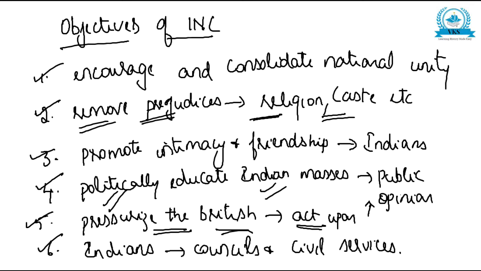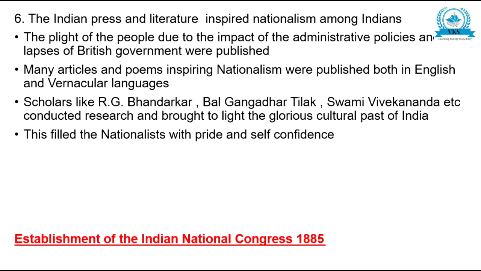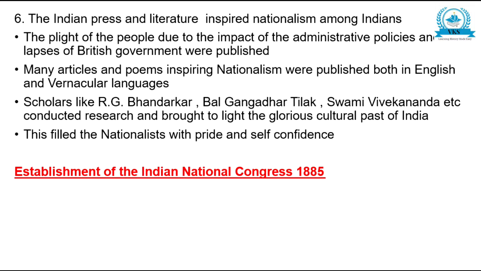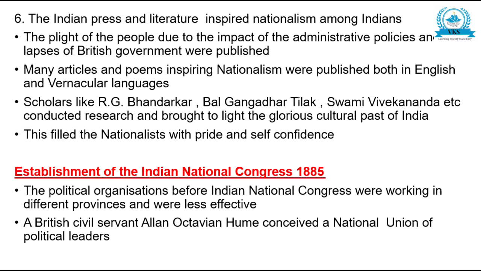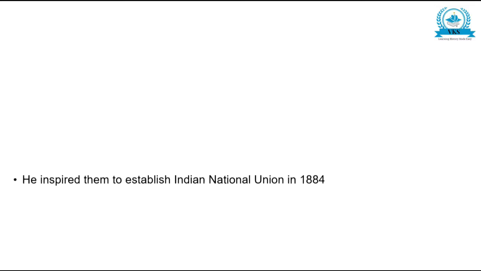Now let us go through the points which we have studied. Establishment of the Indian National Congress in 1885. The political organizations before the Indian National Congress were working in different provinces and were less effective. A British civil servant, Allan Octavian Hume, conceived a national union of political leaders.